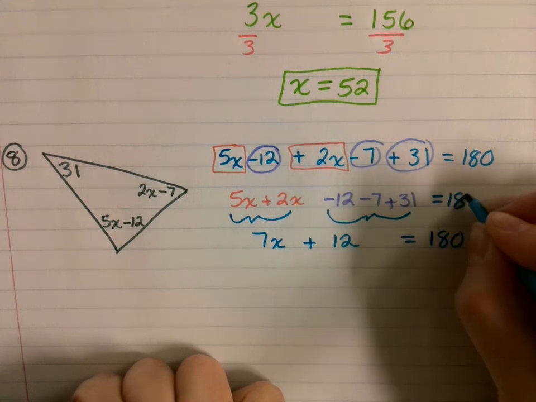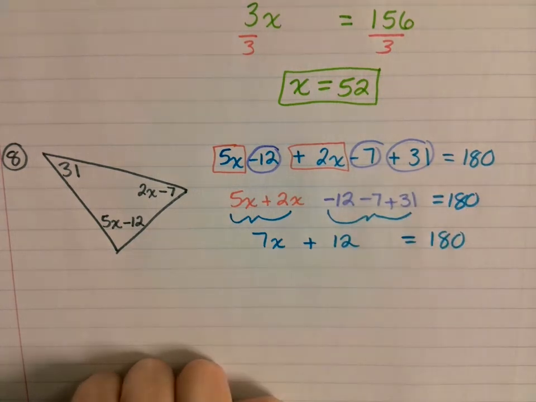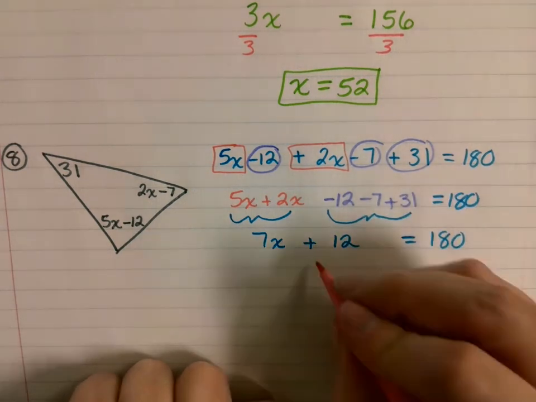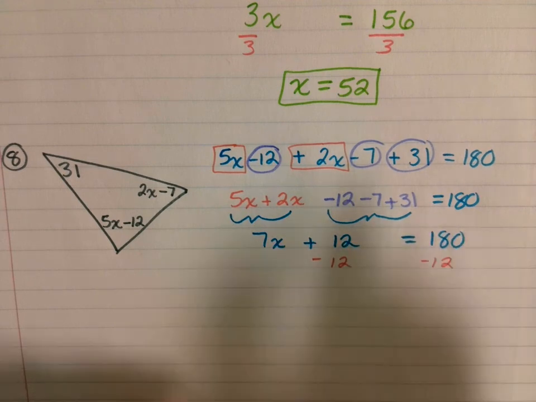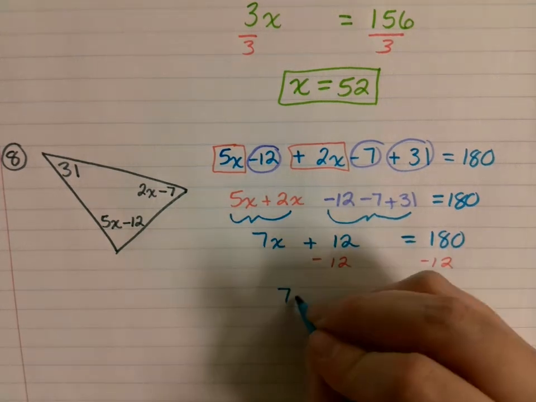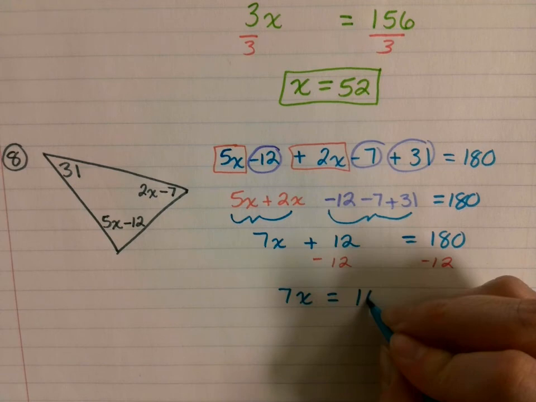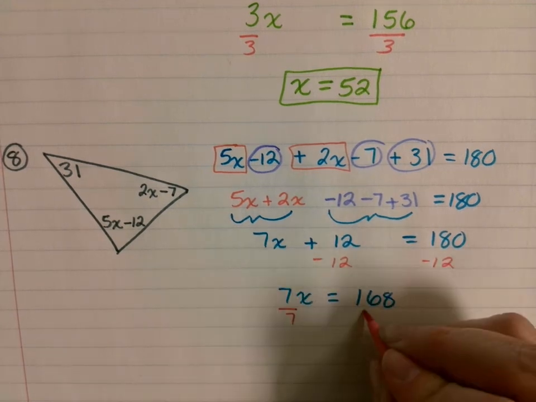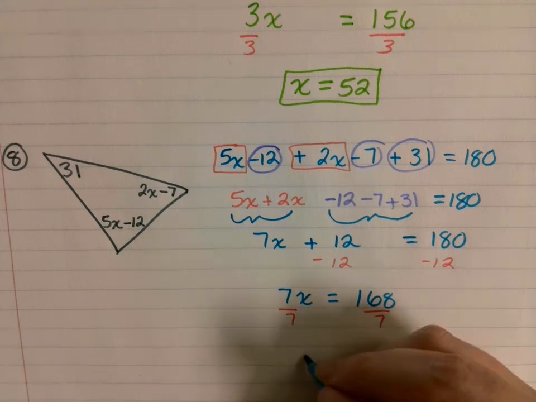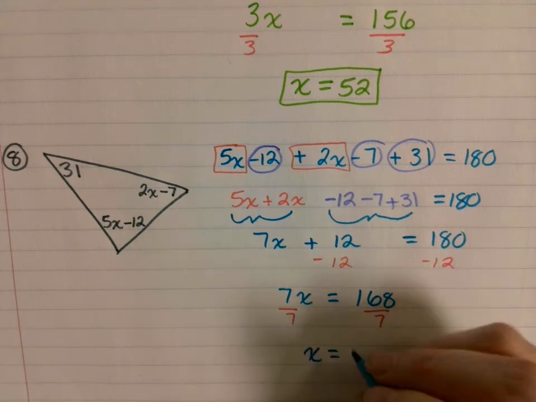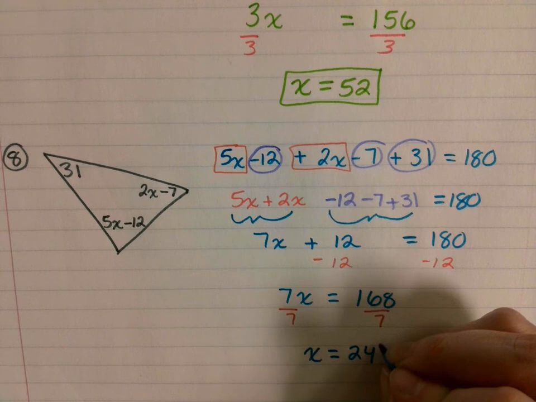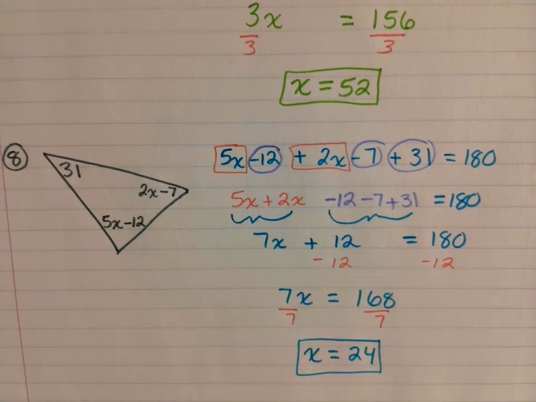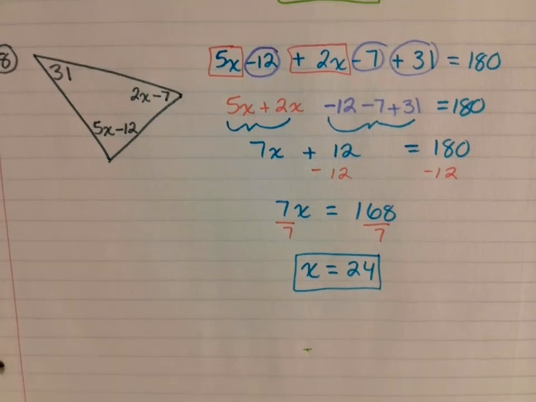Then you just solve. Subtract 12 from both sides. You'll have 7x is now equal to 168. Divide both sides by 7. You'll get x is equal to 24. Any questions?